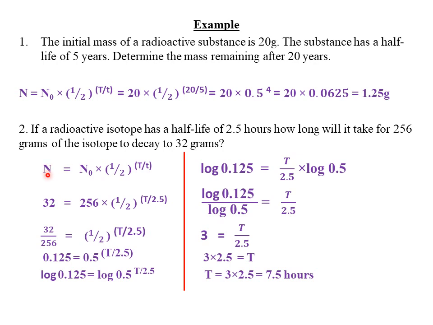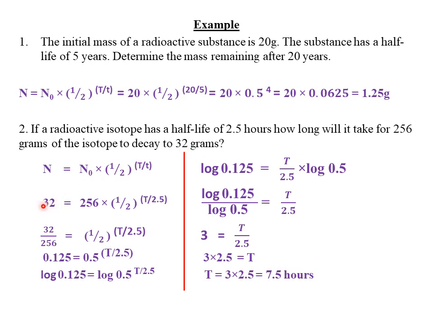N simply represents the remaining mass in this case. Therefore, it means the remaining mass is 32 grams.